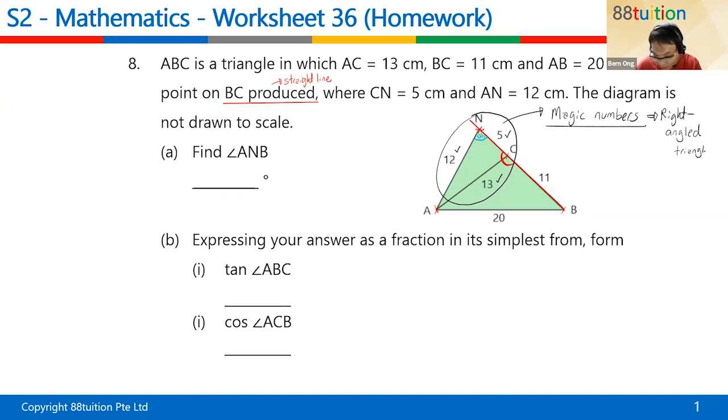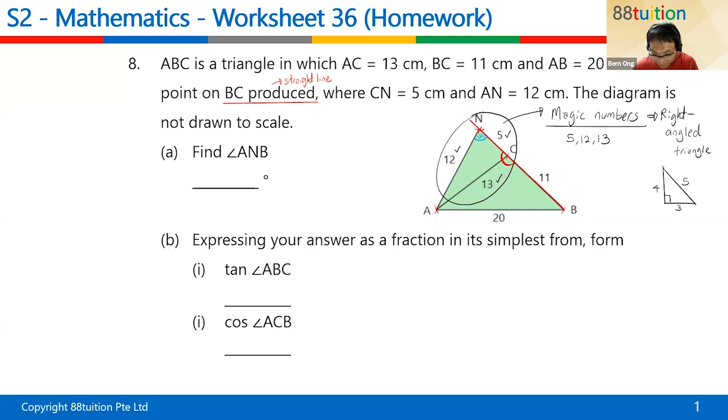I believe many of you remember the 3, 4, 5 triangle. This is 3, this is 4, and this is 5. When you see 3, 4, 5, it's a right angle triangle. But I need you to memorize another set of numbers, the 5, 12, and 13. This is also a right angle triangle. How do you prove that it is a right angle?